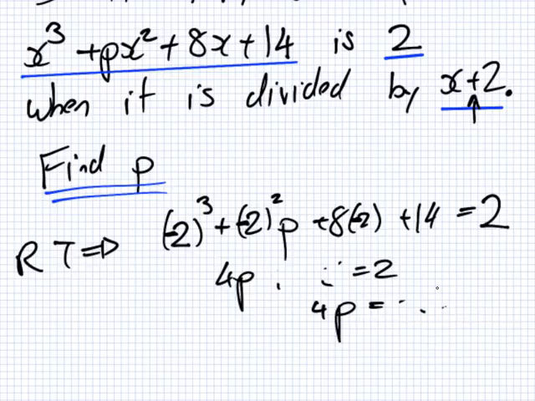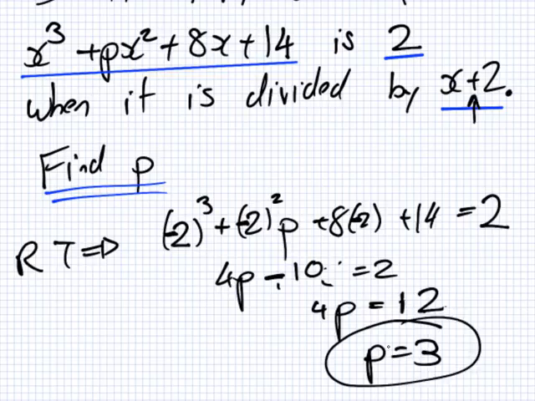Minus 10. 4p minus 10 equals 2. Hang on, I've got two different answers, so just 1 sec. I'll check it. Right, minus 8 minus 16 plus 14. Minus 10. So 4p equals 12. And p equals 3 then.